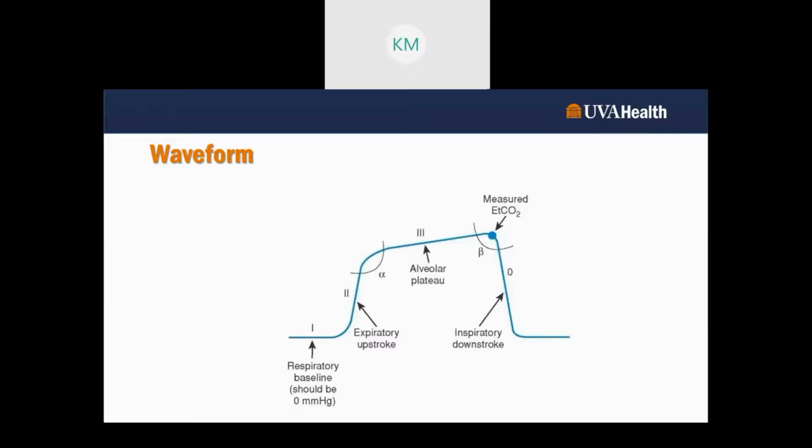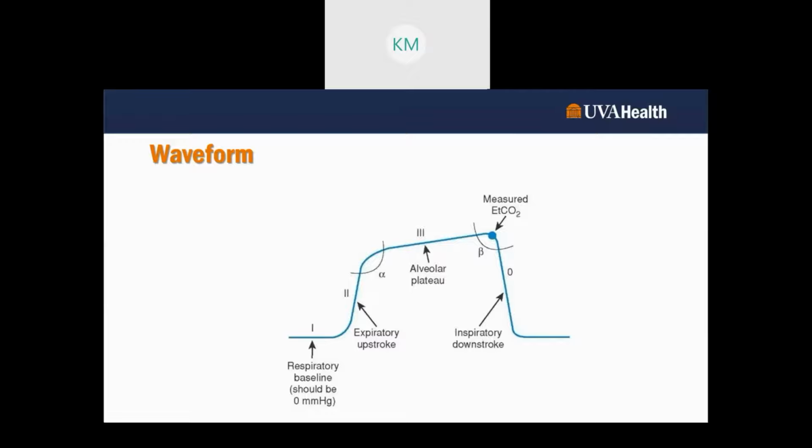You can see the 3 little hash marks there. It is slightly angled up, and that's important because a completely flat box will tell you something different than one that is slightly angled upward. So keep that in mind when you're looking at your waveforms, especially when we get into our next lecture, which talks about common alterations in our waveforms.